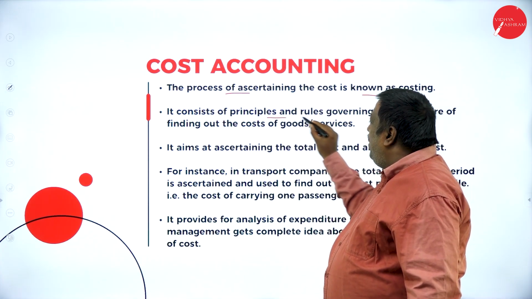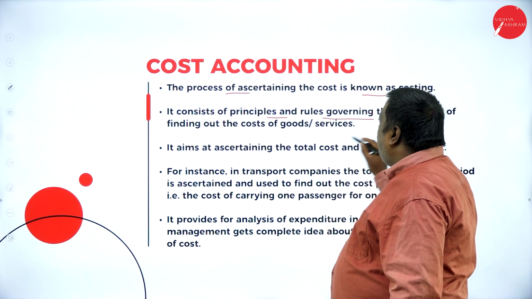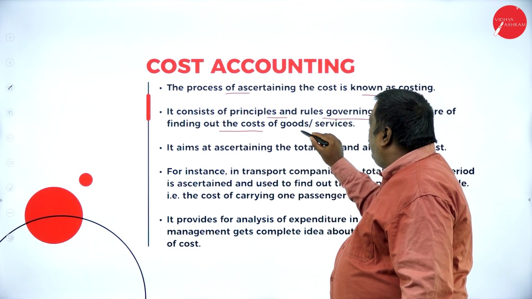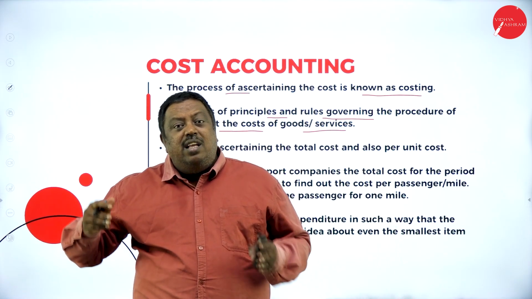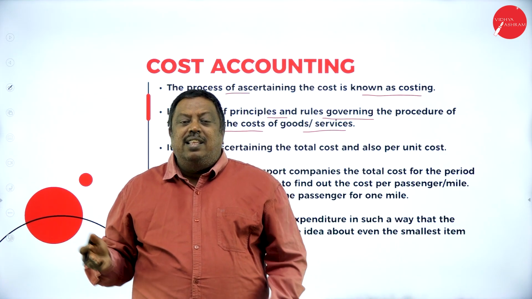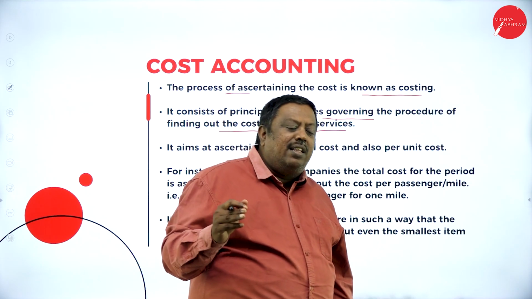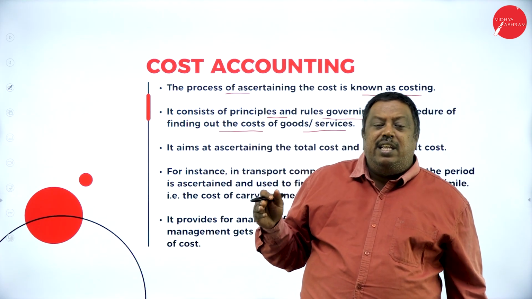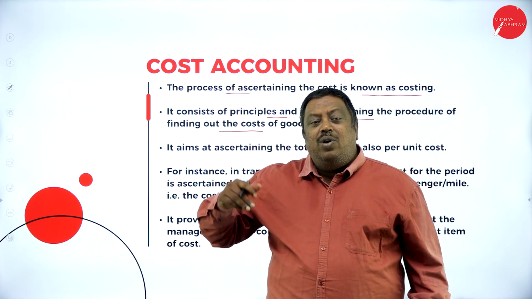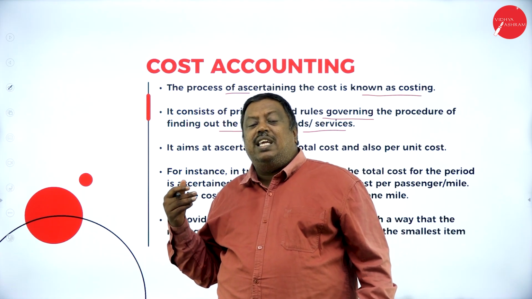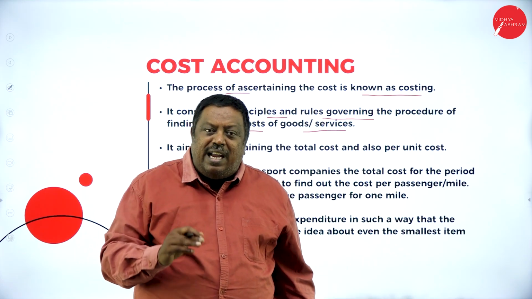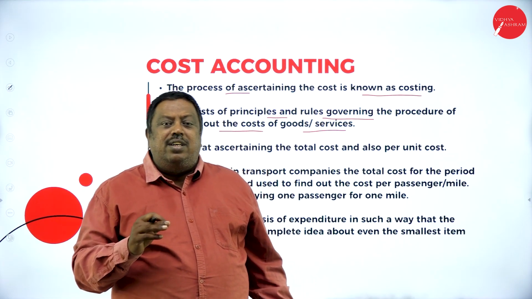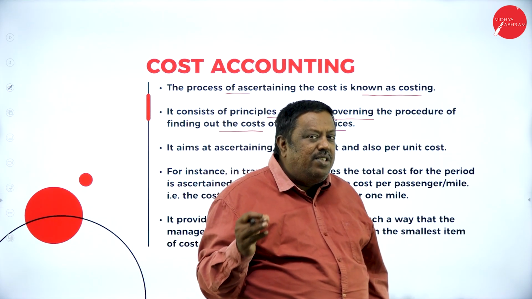It consists of principles and rules governing the procedure to find out the cost of goods or services. It's saying that to identify the cost here, there are certain rules and regulations that should be taken into consideration, and only the information which is required should be considered and added for the product, at the time of the process of conversion.